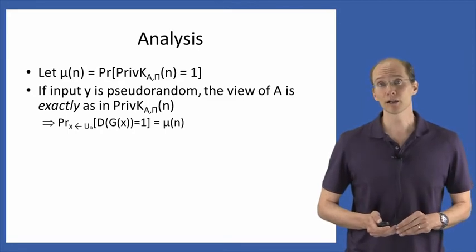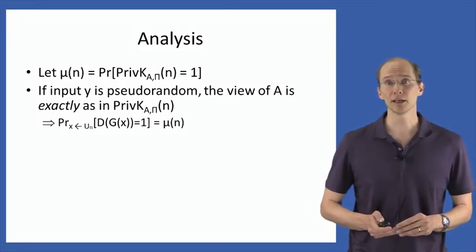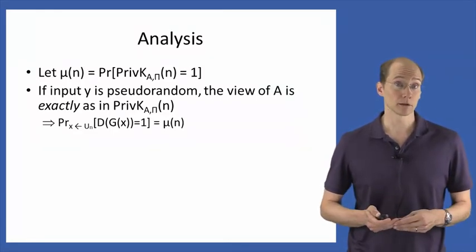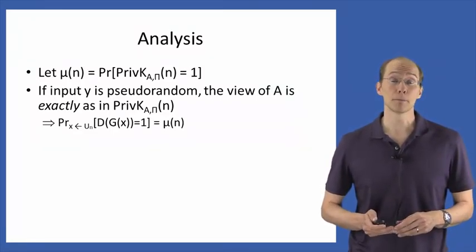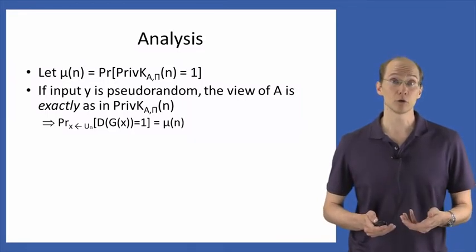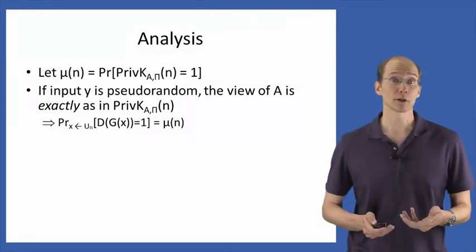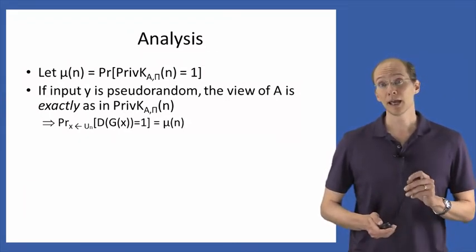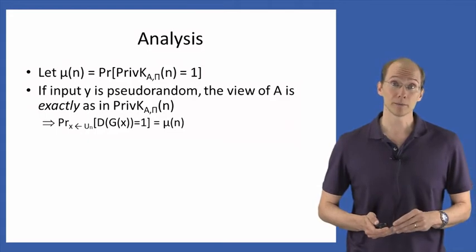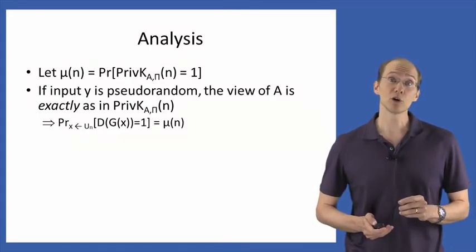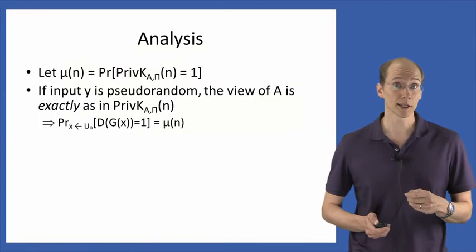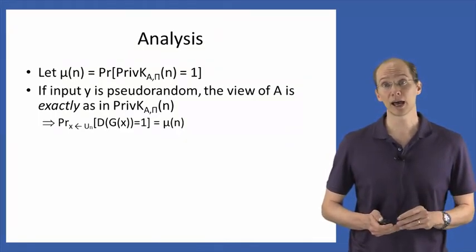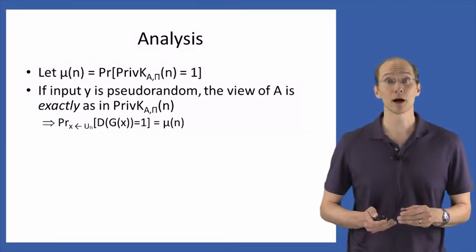First of all, we can look at what happens when the input given to D is pseudo-random, meaning that we determine the input to D by choosing a uniform seed, giving it to the pseudo-random generator, calling the result y, and then giving that value as input to D. If the input y is generated in that way, then I claim that the view of A, when being run as a subroutine by D, is exactly identical to the view of A in the experiment priv_key A pi.